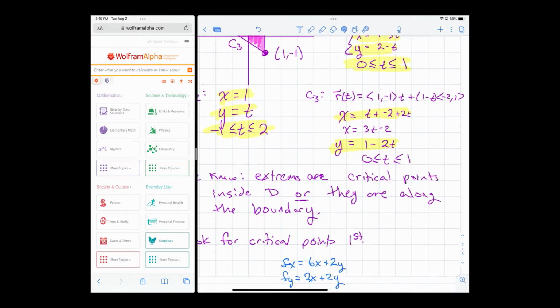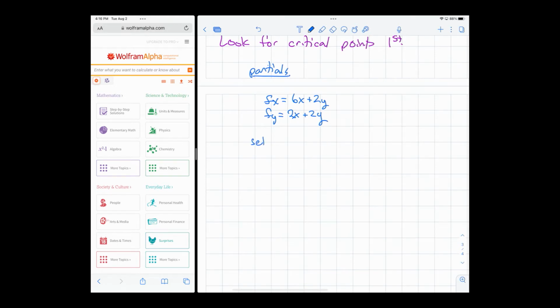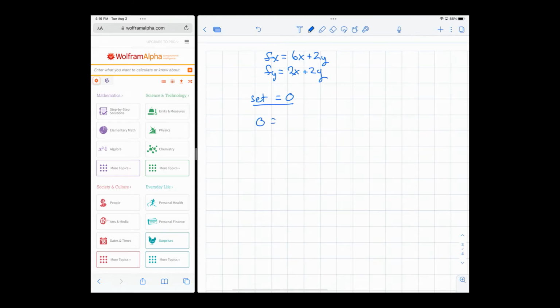So those are our partial derivatives. Let me move them down here. So we find the partial derivatives, right? Then we are going to look for critical points by setting them equal to 0. So we have 0 equals 6x plus 2y, and we have 0 equals 2x plus 2y.